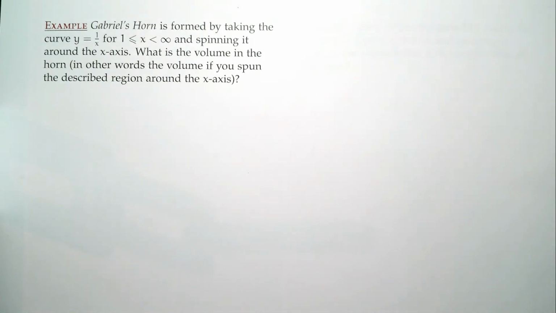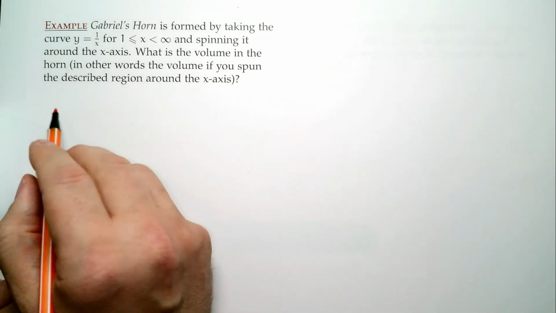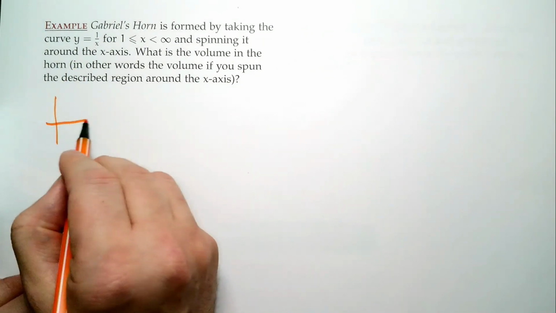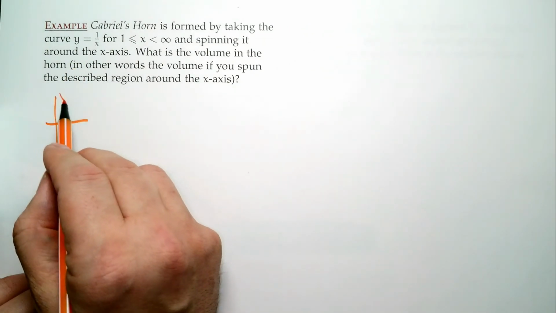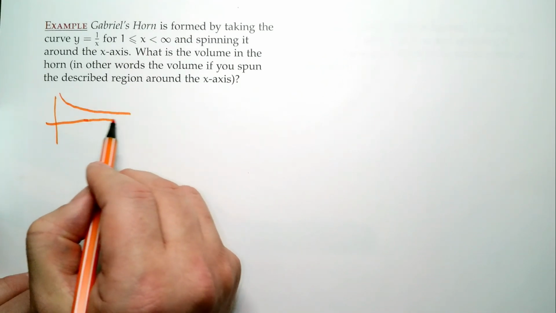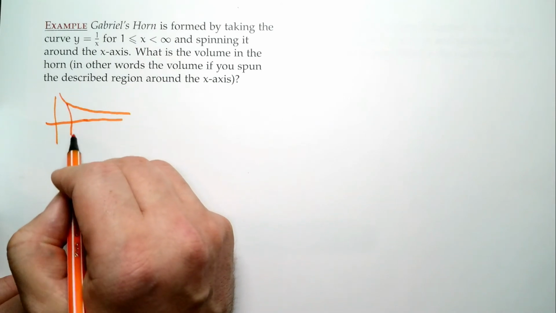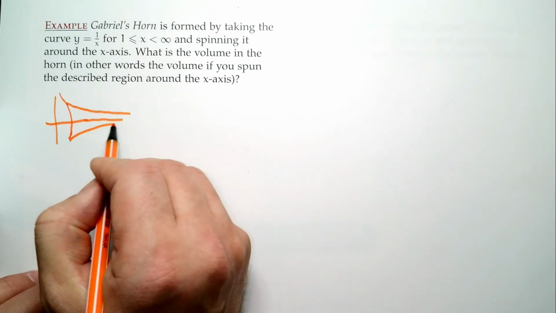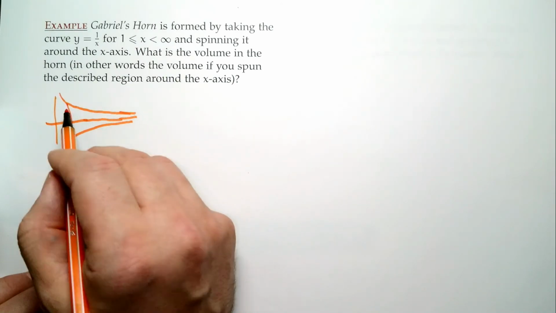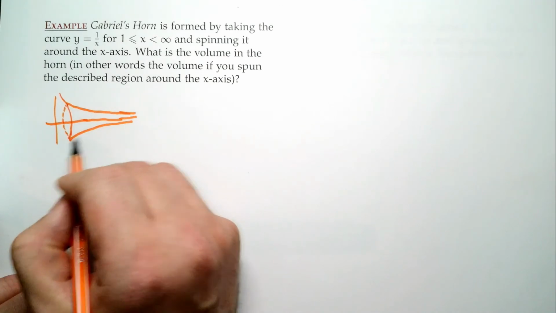Now how do you form this horn? We're going to take the curve y equals 1 over x, which is a very long curve. In fact, we're going to take it all the way from 1 to infinity, and we're going to spin this horn. Way out in infinity, that's where Gabriel is, and he's going to blow the horn.